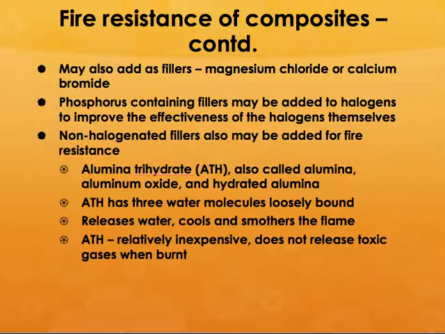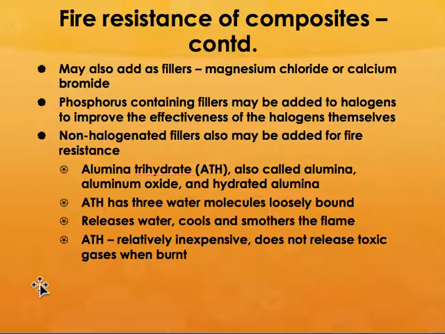So the current trend is to add what is called alumina trihydrate, or it's also called hydrated alumina. And this ATH, that's what it is called. It has got 3 water molecules loosely bound, and it releases the water, cools and smothers the flame.